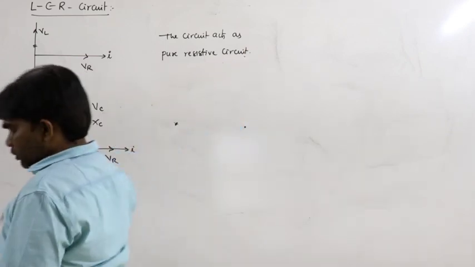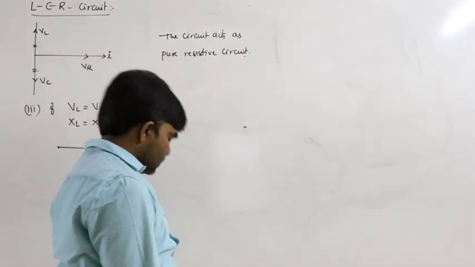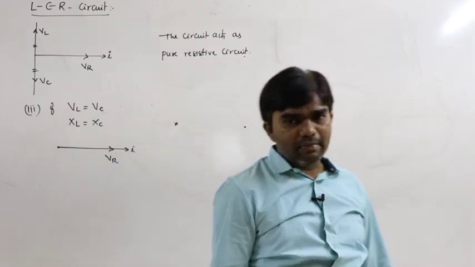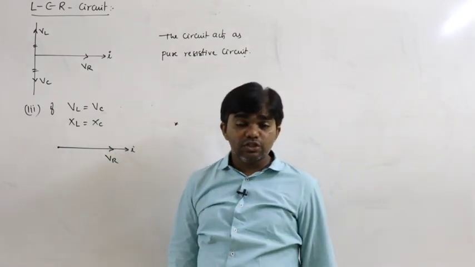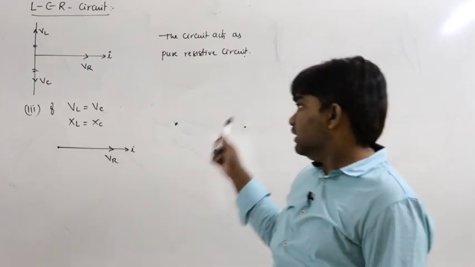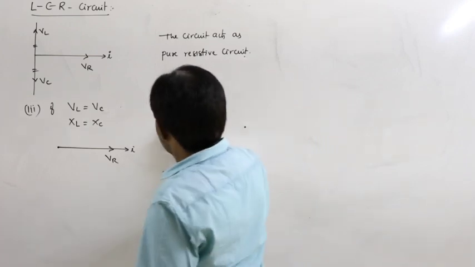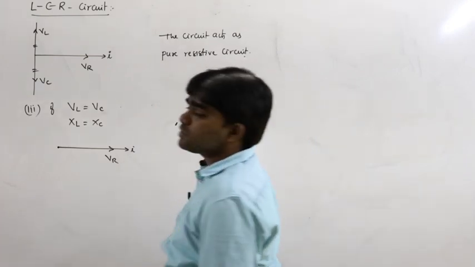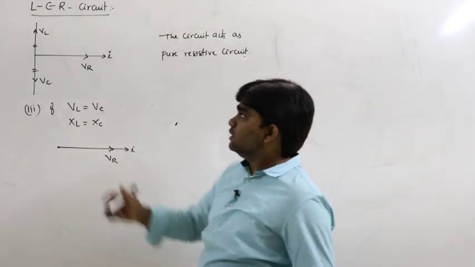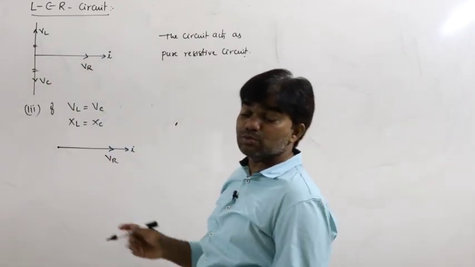So that means the potential across the inductor is equal to the potential across the capacitor. Then the circuit acts as a pure resistive circuit, so these potentials must cancel.